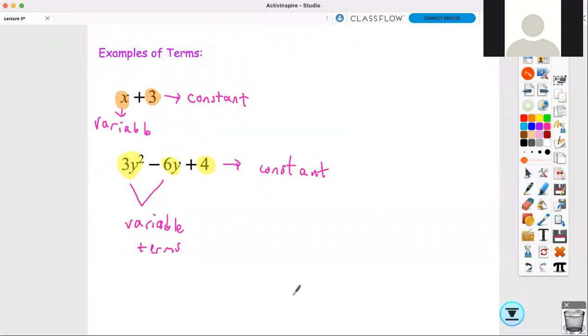Now you're probably wondering, okay, so we're expanding our knowledge of these expressions. We're learning what makes these expressions the way they are.